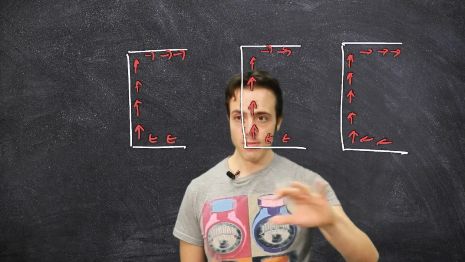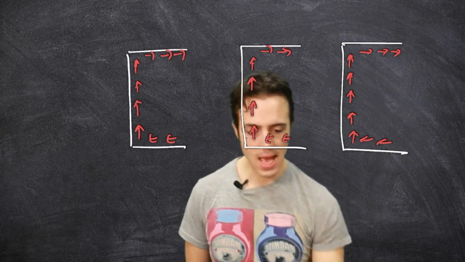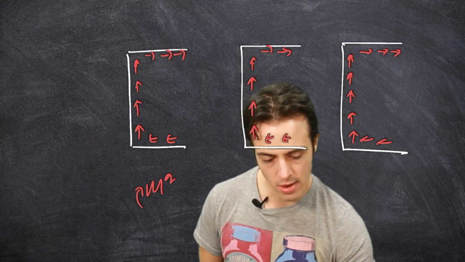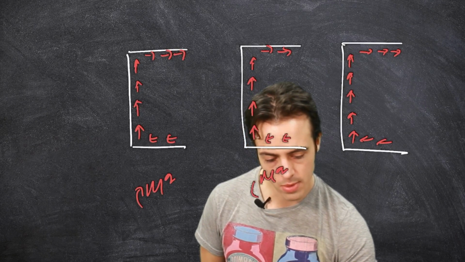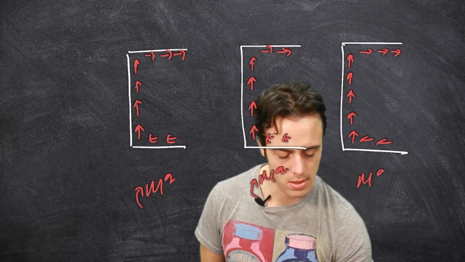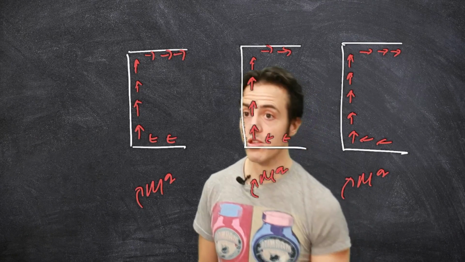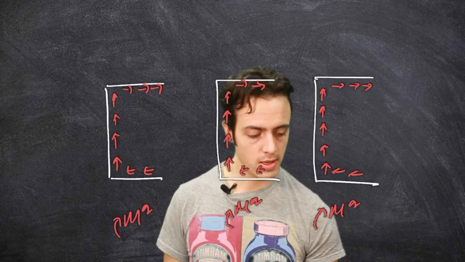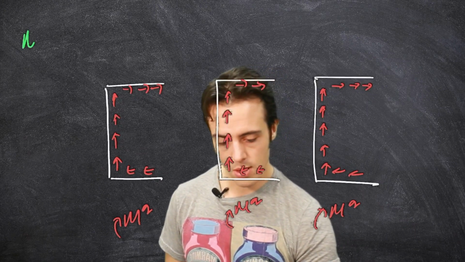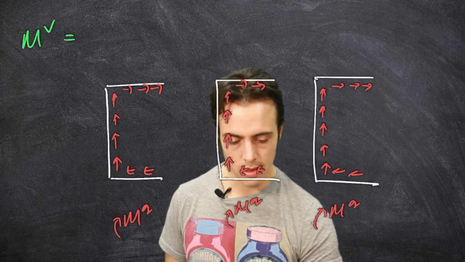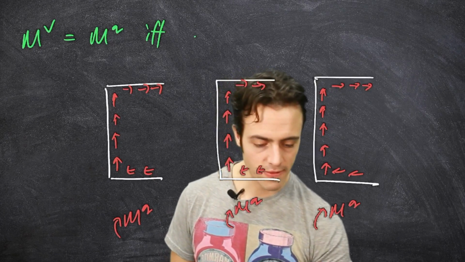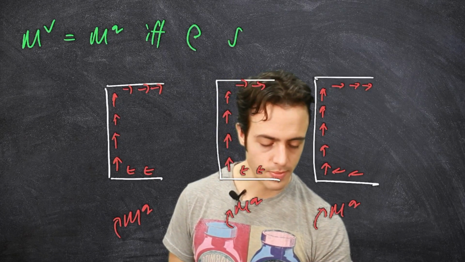So that means that the moment produced by this would be MQ in this case. MQ would be in that direction, MQ would be in that direction, MQ would be in that direction. Remember that for the condition of the shear center, MV is equal to MQ if and only if at the shear center.